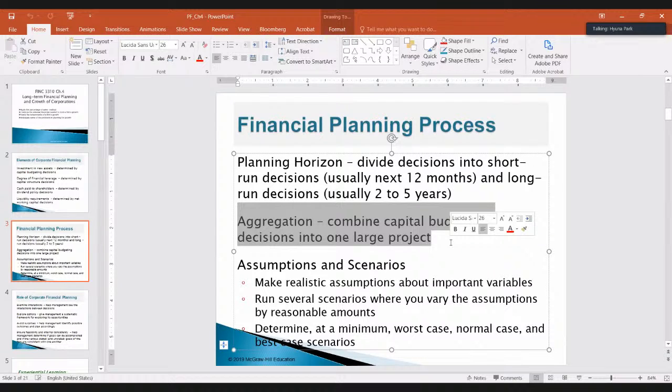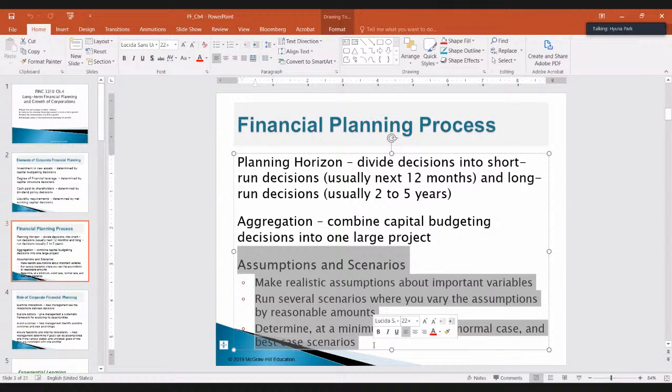So don't keep the plans separate. Start with separate plans, then combine and aggregate them into a gigantic capital budgeting project. Based on that, determine how much capital is needed and develop capital structure decisions.